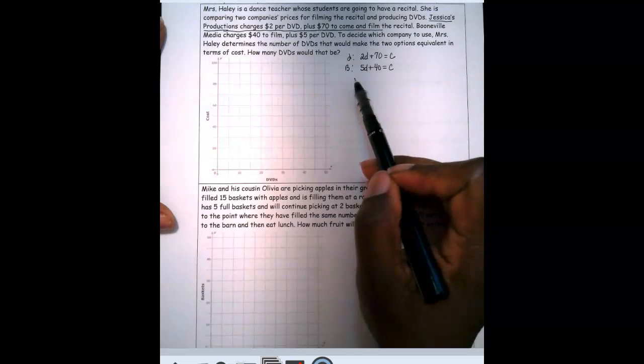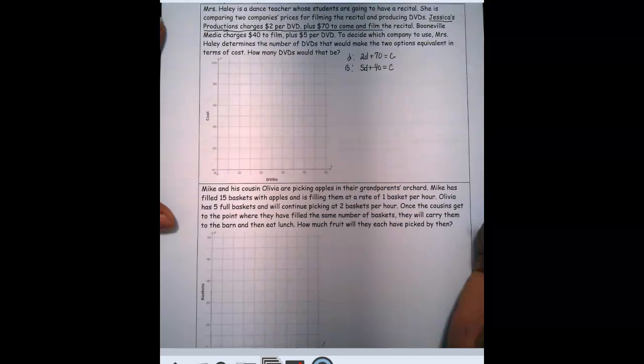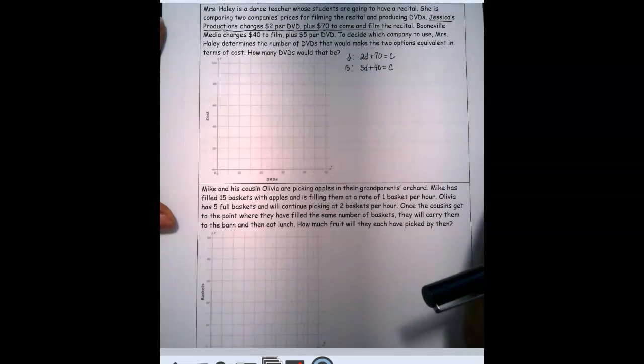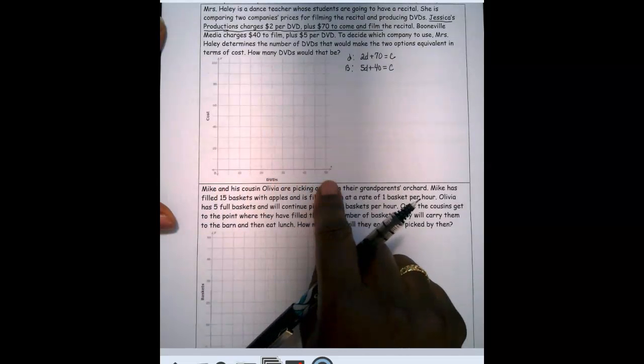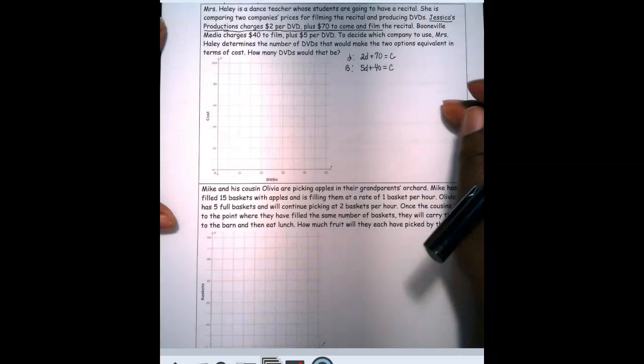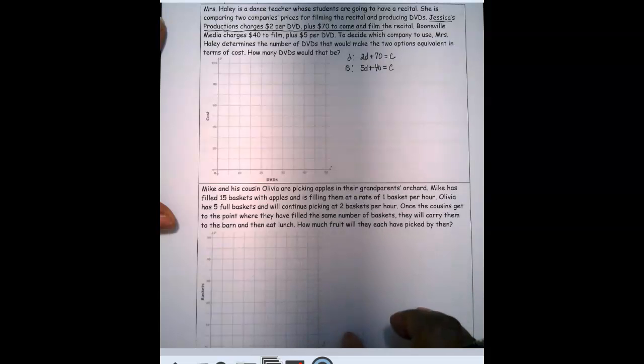You could set these two equal to each other and find out where they cross. That's one way you could do that. Or you could substitute what you see on the graph for DVDs and calculate the cost, and that would tell you where they cross. I'll show you setting them equal on this one, and I'll show you on this problem down here what happens when we substitute.